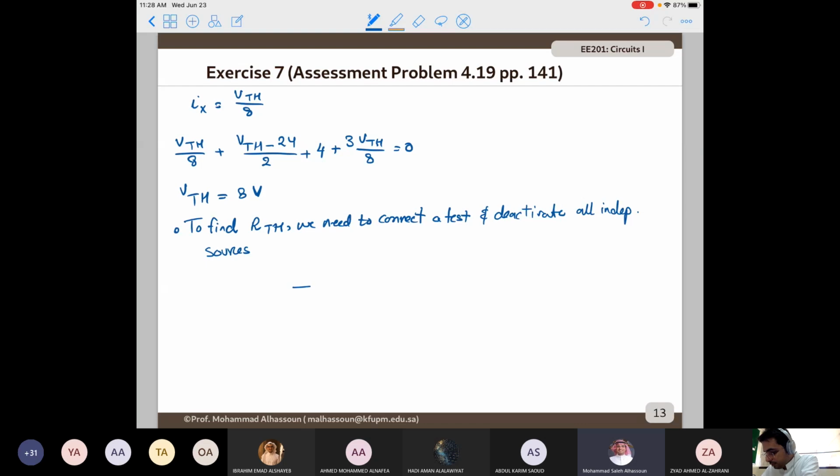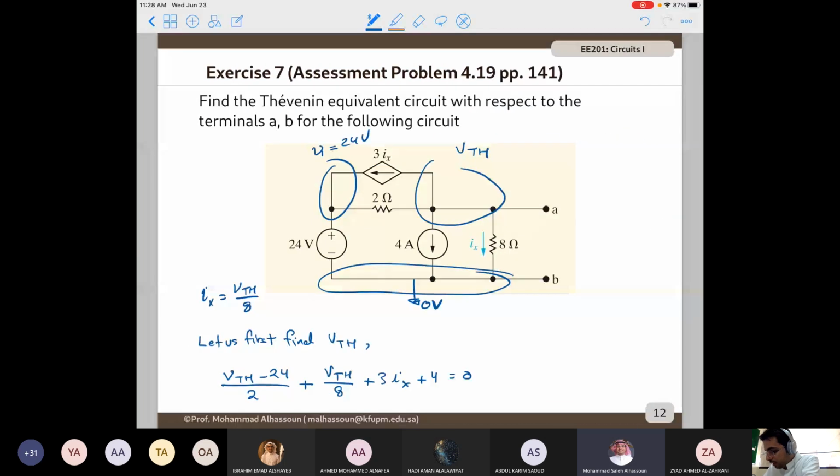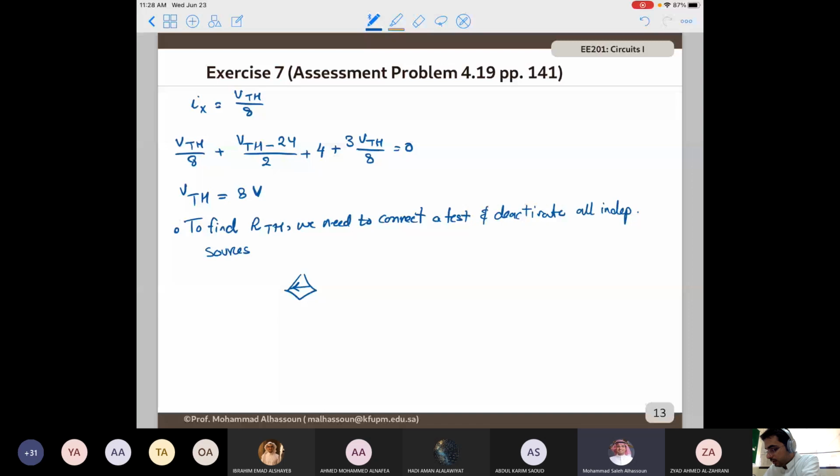Here I need to deactivate the voltage source, so it's going to be a short circuit. I need to deactivate the current source, so it's going to be an open circuit. I'm going to keep the 3Ix, which is a dependent source, because we need to keep the dependent source.